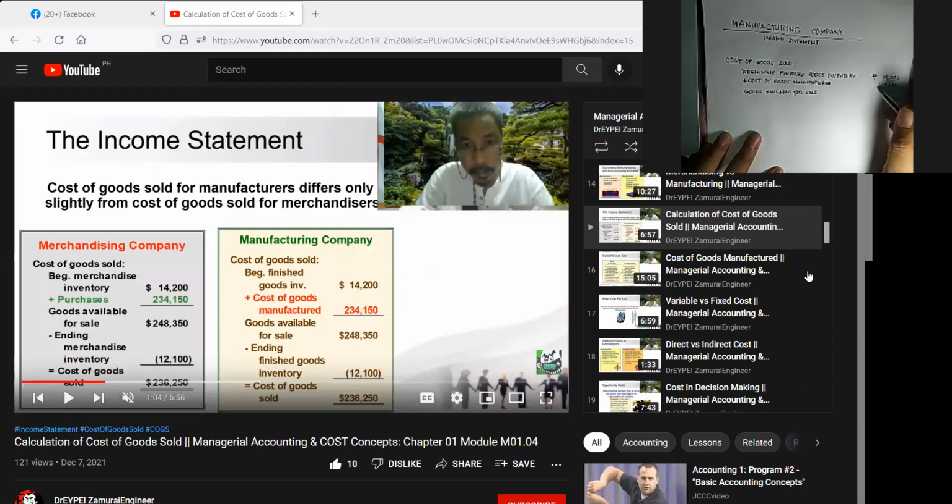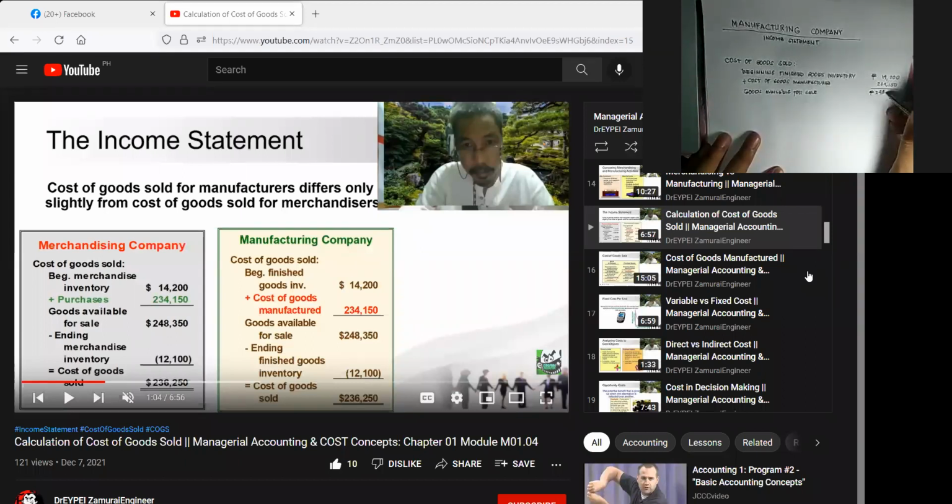Which is, you have to add these two. So take note, there is no peso symbol here. You have to use the peso symbol here because this is subtotal. What is the amount? 248.